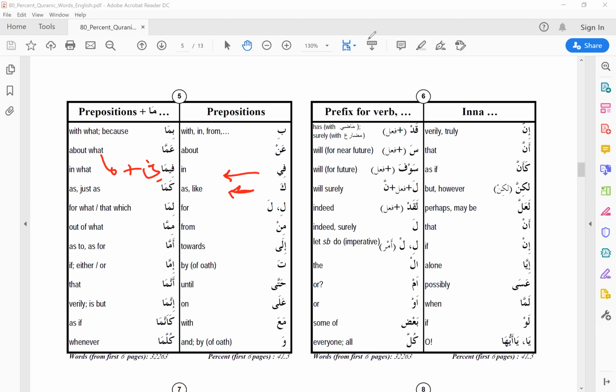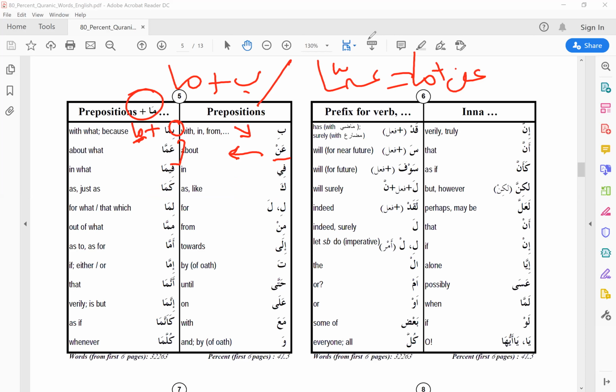We talked about that earlier. Kama, just as or as. So kama would mean like, and because of the ka, the ma would mean what? But here what we're talking about is a specific material, because what would mean what material you're talking about. All right, so let's move on.